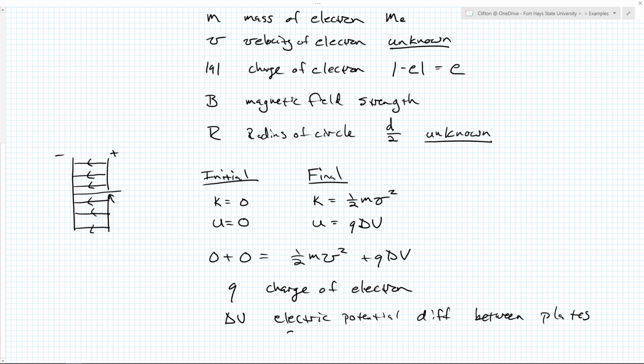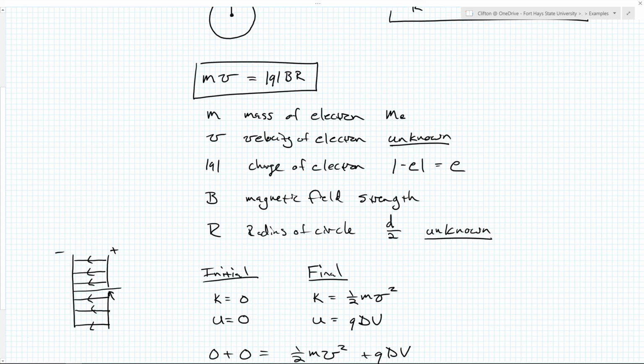And so that is going to be the potential difference of the EMF that is connected to the capacitor. The velocity is, again, the velocity of the electron after it leaves the capacitor, and the mass is the mass of the electron.